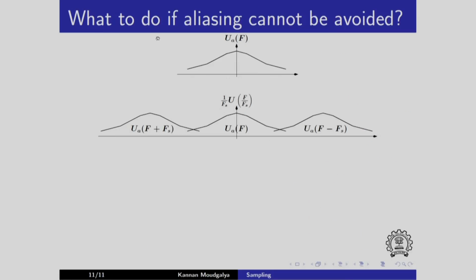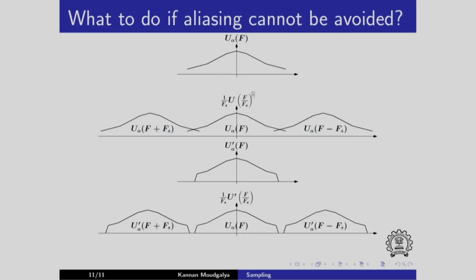What do we do if aliasing cannot be avoided? What if we get an analog signal that seems to have a lot of frequency components at all frequencies, so that you will always get aliasing no matter what sampling frequency you choose? What we have to remember is that no realistic system can have frequency components at all frequencies. They should have a finite bandwidth, however large it is.